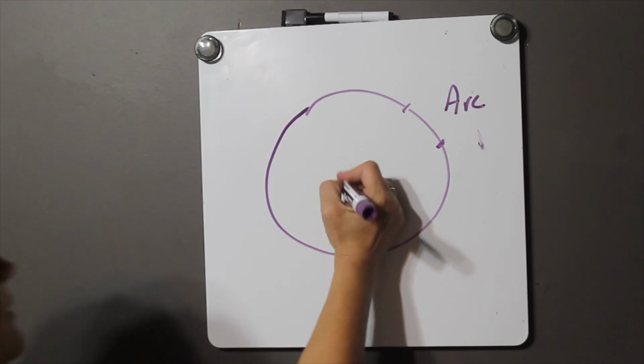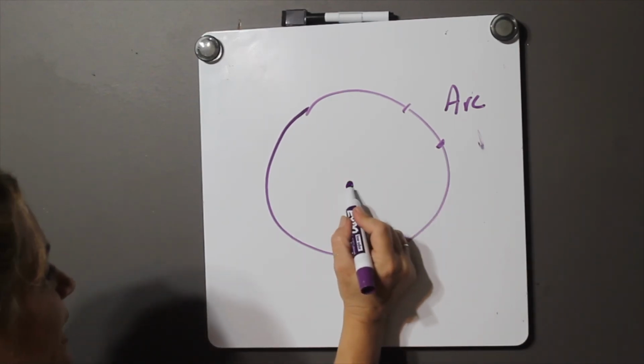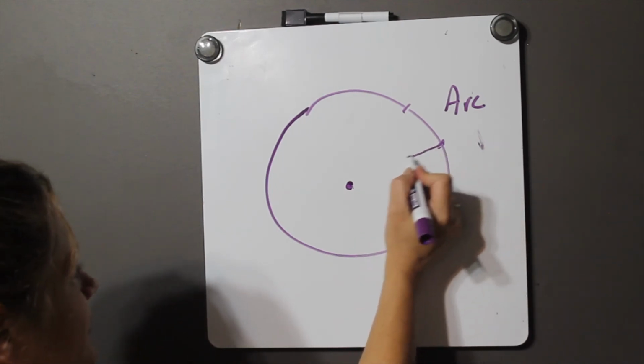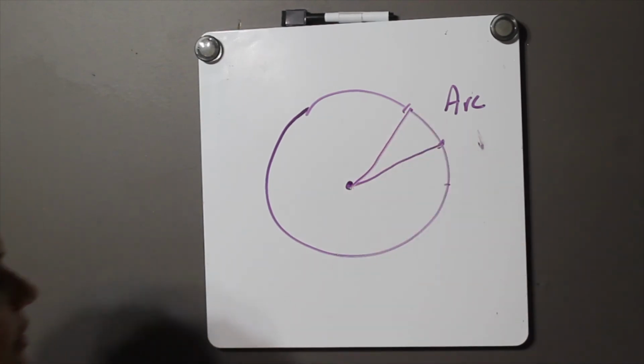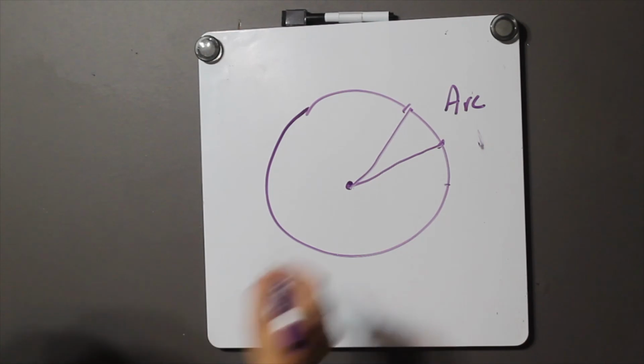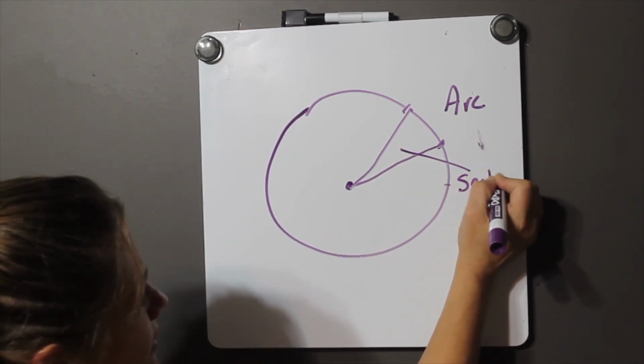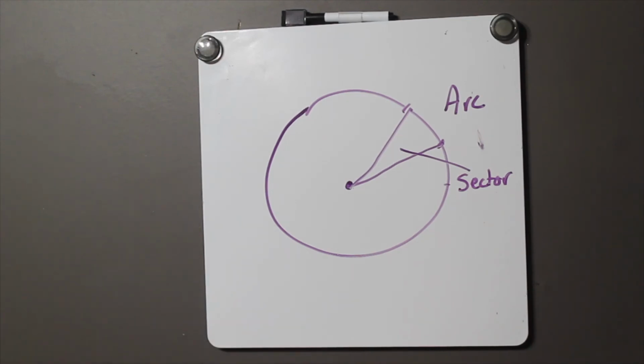Now, if we have the center point and we have an angle, let's make the angle hit this. So, an angle coming there and there, designating that arc. This area right here is called a sector of a circle. So we've got a sector of the circle, and then we've got an arc.